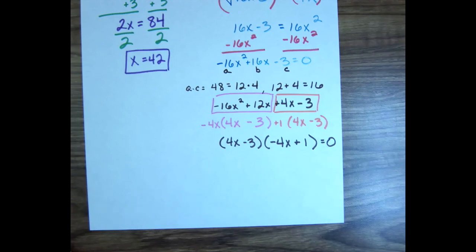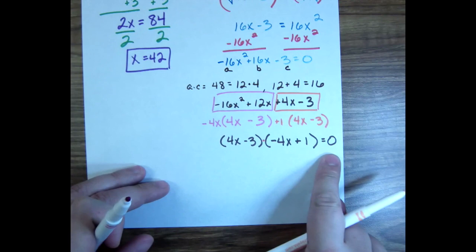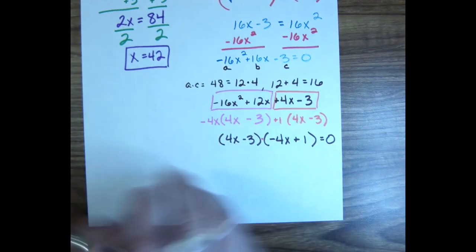Is that the answer? No, we don't know what x is yet. First, these two things are being multiplied together, and I get 0. What does that tell me about these two things?